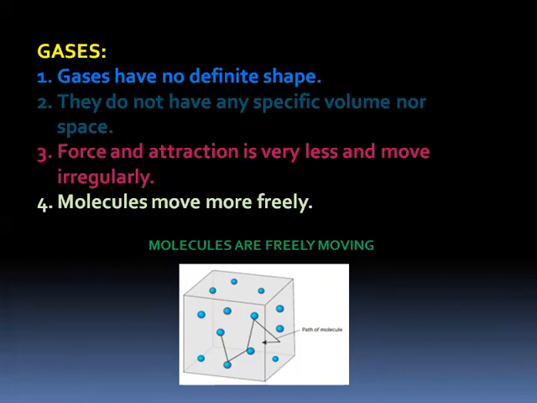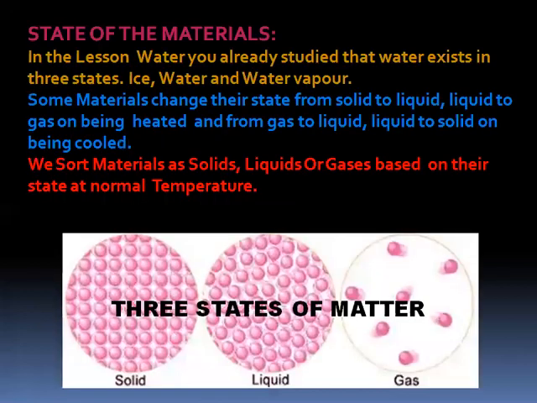And the force of attraction is very, very less when compared with solids and liquids, and they move irregularly. They are moving very freely. Here you can see the molecule arrangement, very free. They move more freely when compared with liquids and solids.